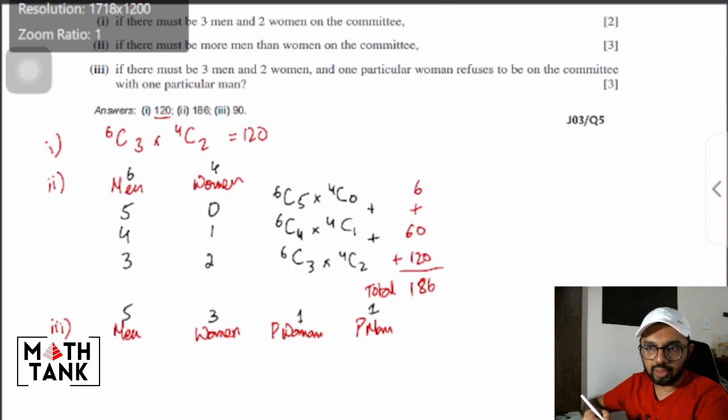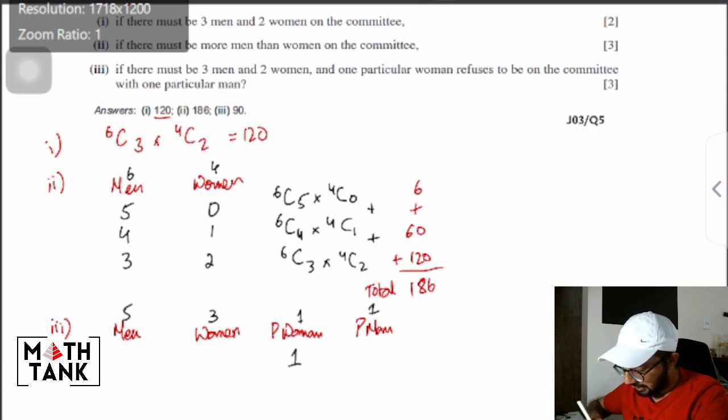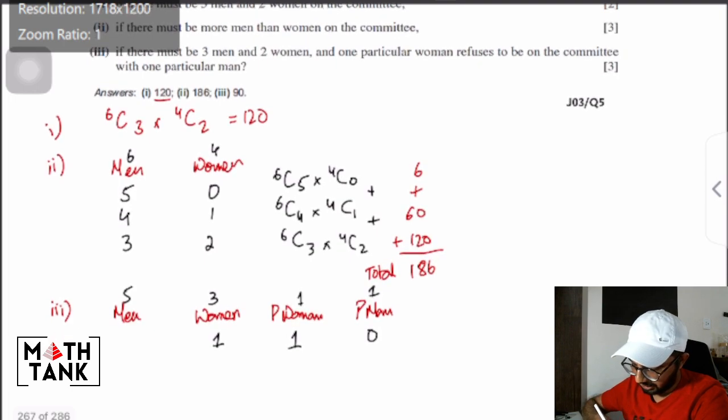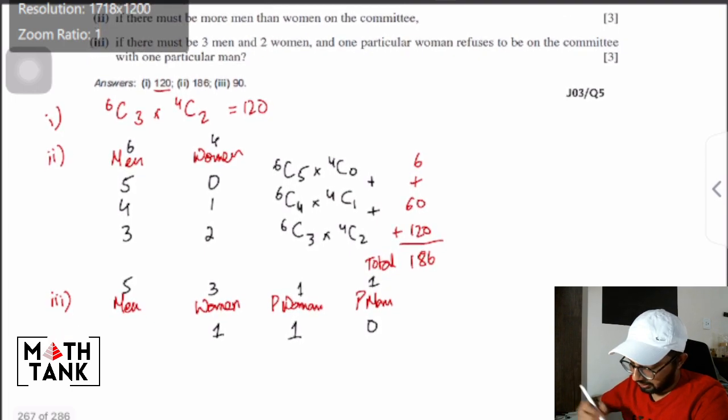Now I'm going to construct cases again where I appeal to the question. The woman refuses to be on the same committee with the man. So let's say the woman is selected but the man is not, so that satisfies our condition. I need a total of 2 women, so then I need 1 more woman and I need 3 men. And then let's say the man gets selected, so the woman shouldn't.